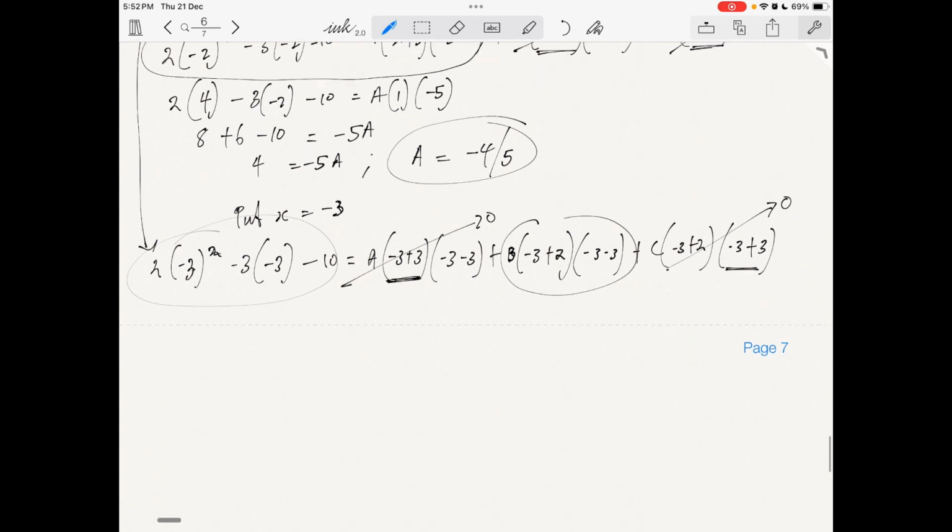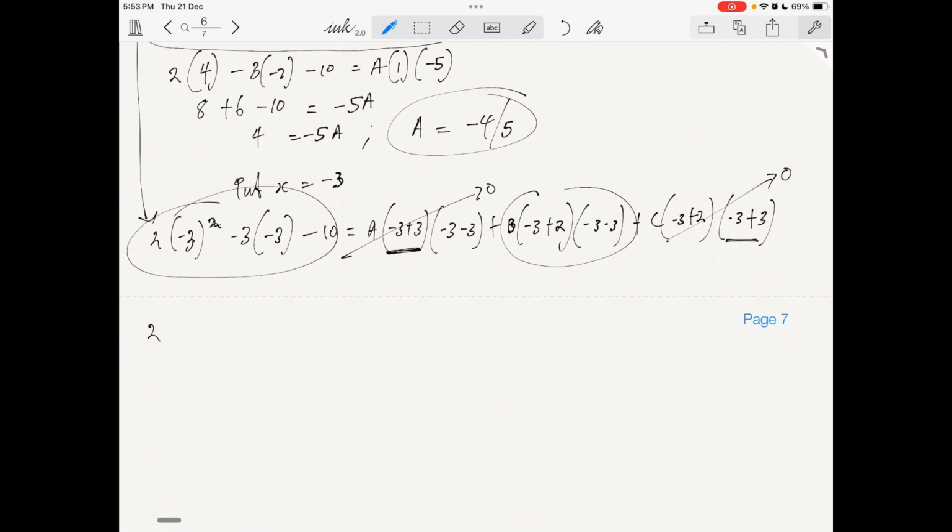So let's solve further. We have 2 into minus 3 squared, which is 18, minus 3 into minus 3 is 9, minus 10.